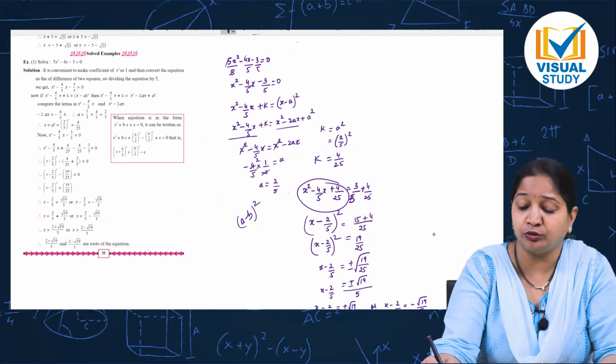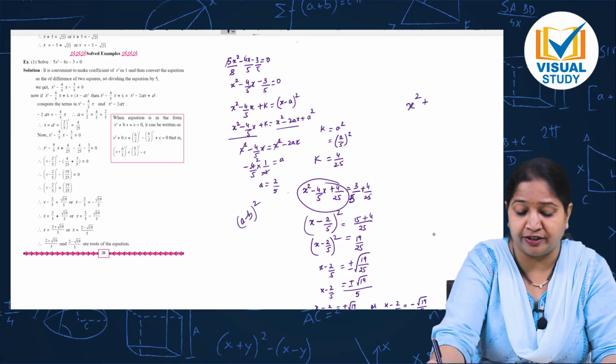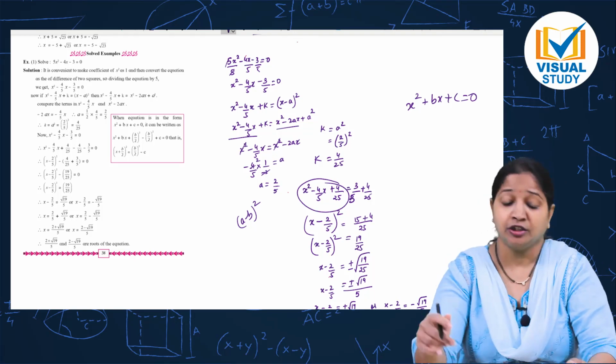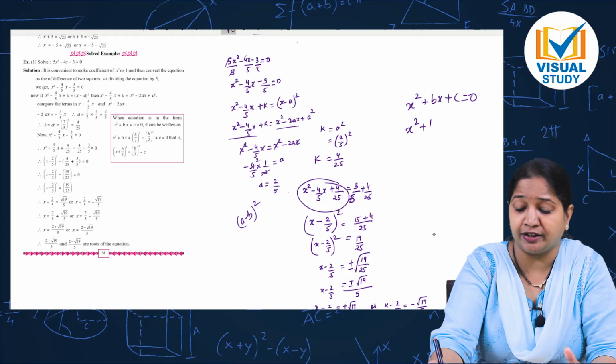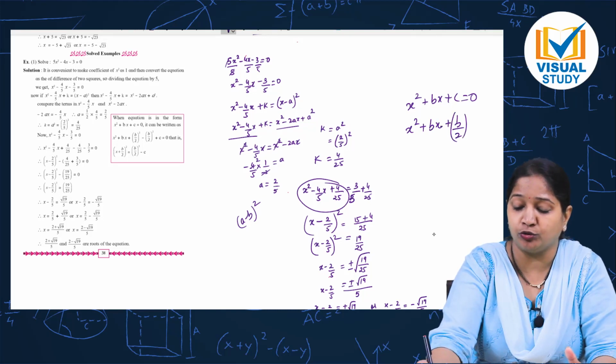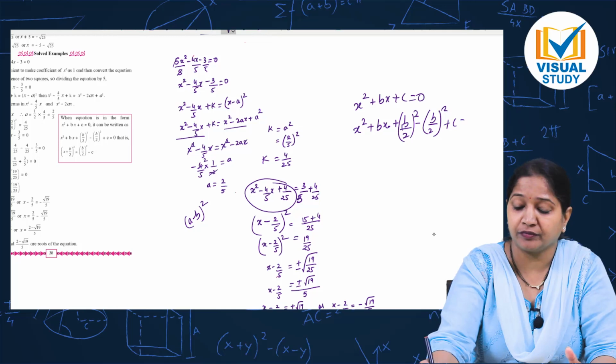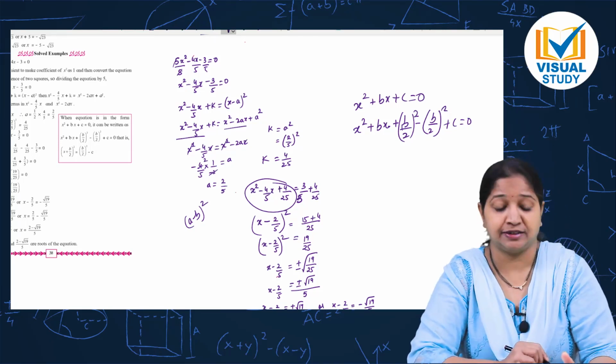But this sum you can do in this way also, x square plus bx plus c equal to 0. They are given, you have written it in the quadratic form. You can do it in this way also, x square plus bx plus b upon 2 whole square minus b upon 2 whole square plus c equal to 0.